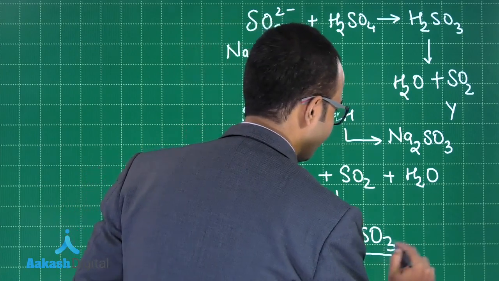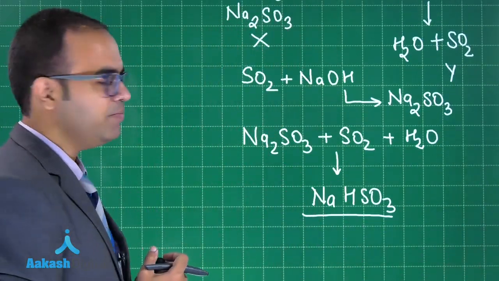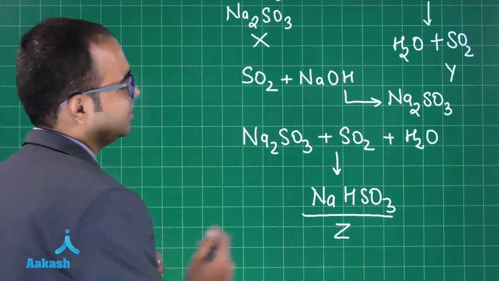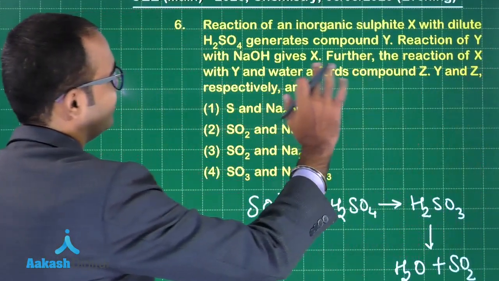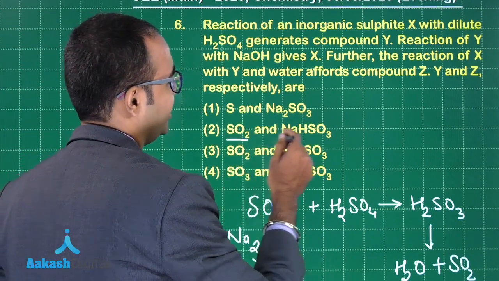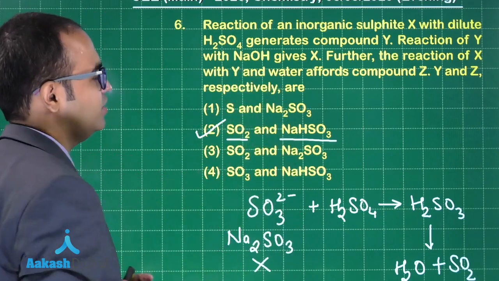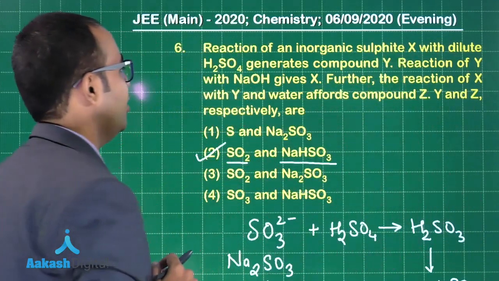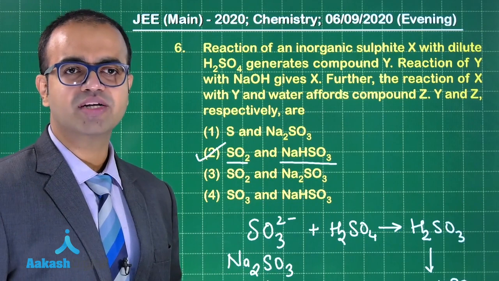So this is sodium bisulfite that we will get over here. Okay, so what is X, Y and Z? We have clearly identified it, and we have to mark the answer as Y and Z respectively are. Y is SO2 and Z is sodium bisulfite. So the answer is option 2, guys. Okay, so I hope you have understood this. Okay, without any doubts, let us move on to question number 7.